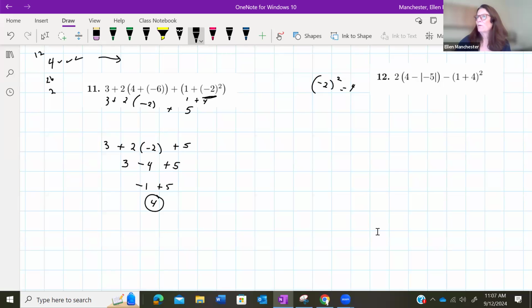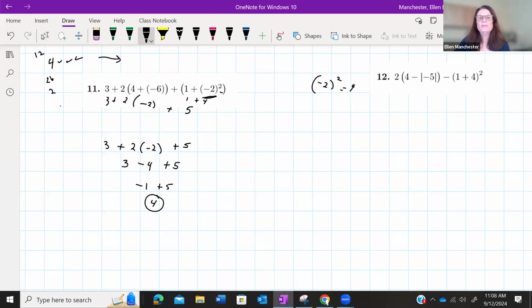Okay, what was it? So I did everything that was in this side. Oh, the other side. Okay, so what you did is you added before you used the exponent. So it's always exponents first, even if it's in parentheses.